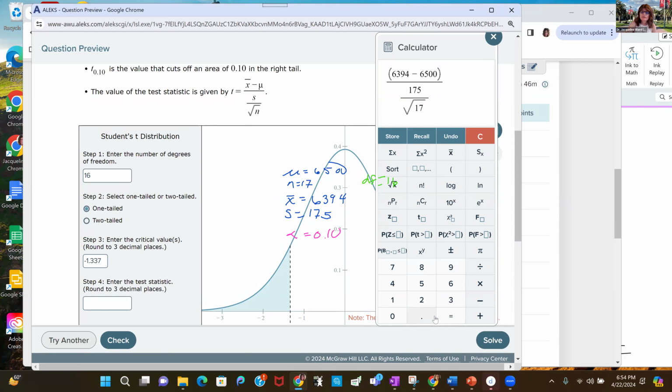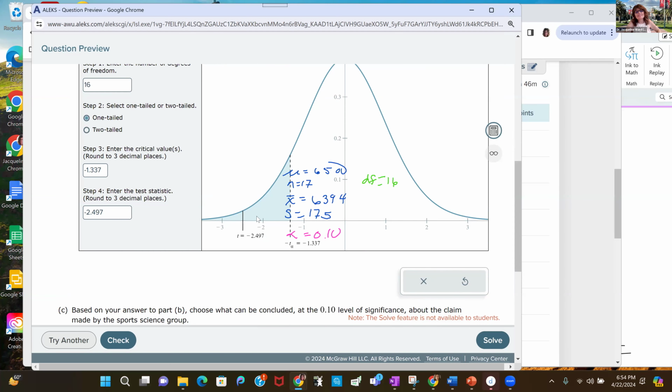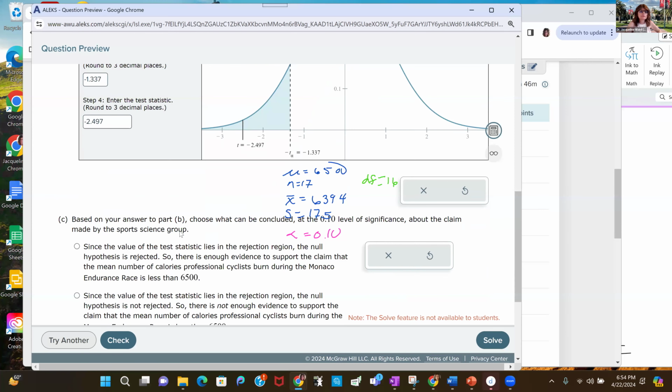Okay. So this gives us the test statistic. And we can see the test statistic lies in that rejection region. So since it lies in the rejection region, the null hypothesis is rejected.